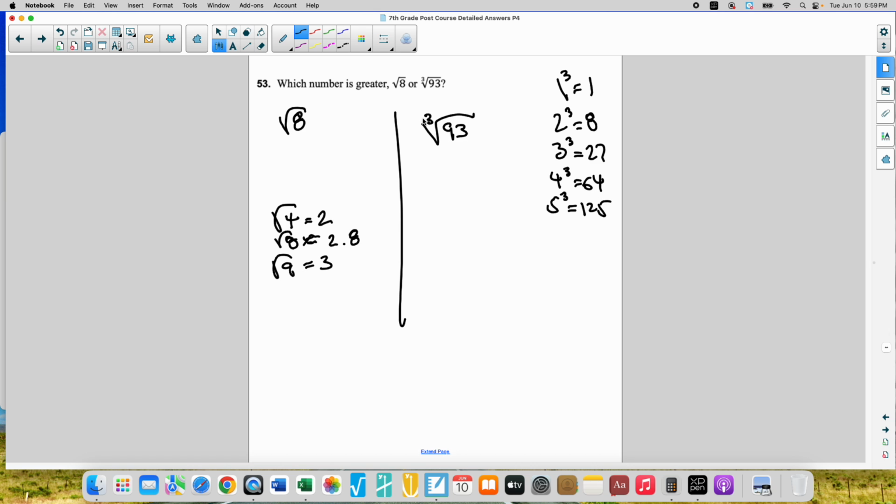So cube root of 93 is going to be between 4 and 5, 4 and change, 4.5-ish. So the cube root of 93 is going to be greater, because that's approximately 4.5, where the square root of 8 is 2.8.